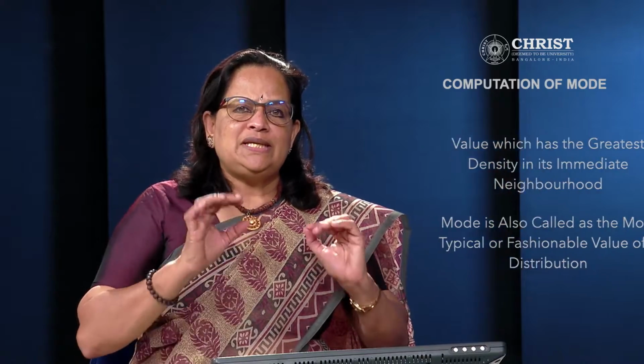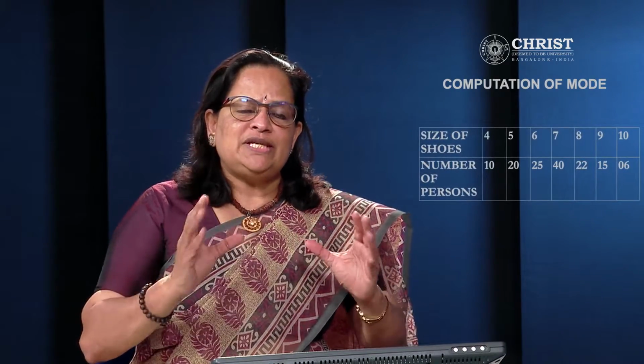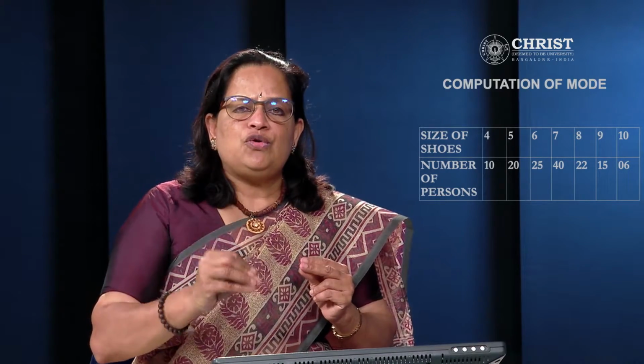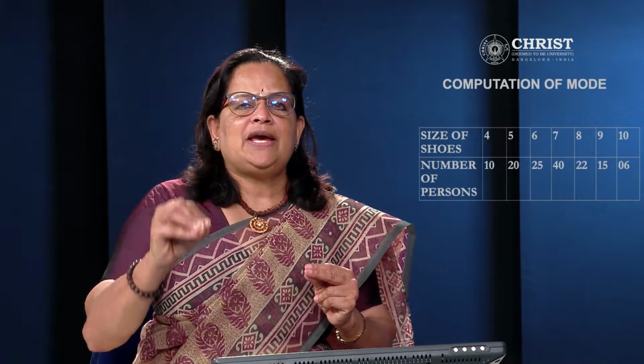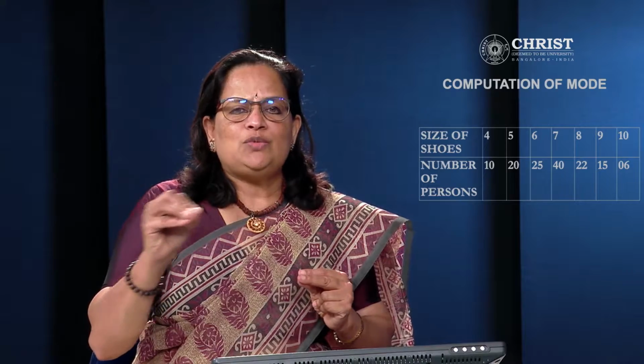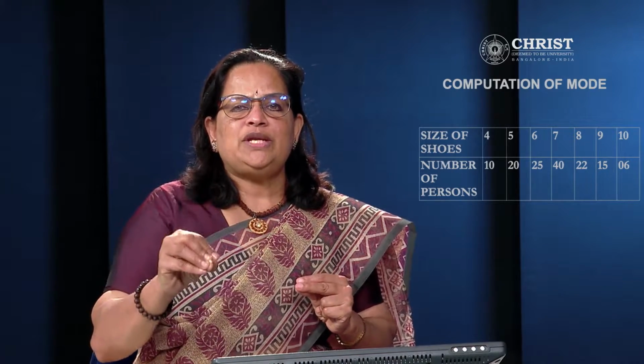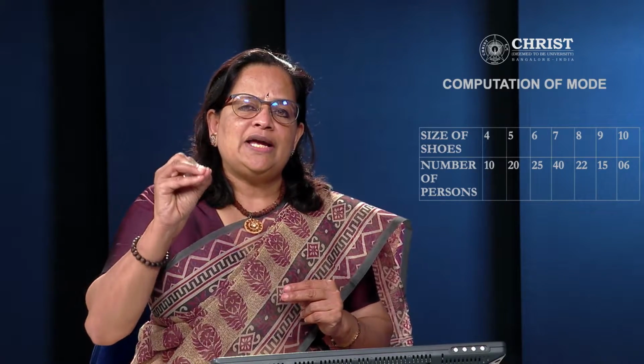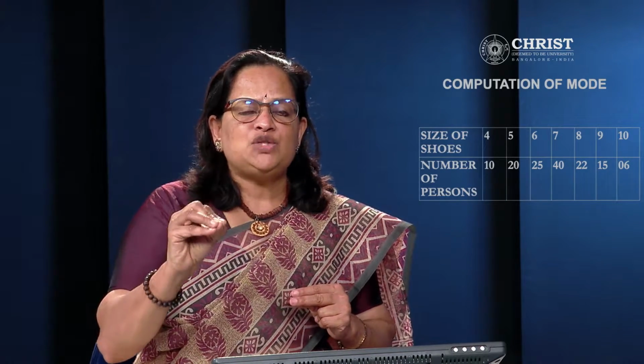Now we will see how we do this. Just one simple example, size of shoes. Values are 4, 5, 6, 7, 8, 9 and 10. The number of persons are 10, 20, 25, 40, 22, 15 and 6. If you see this, the highest frequency is against 7, that is 40.